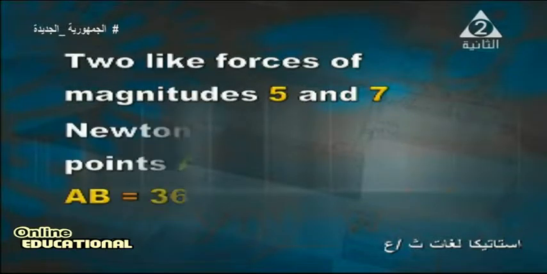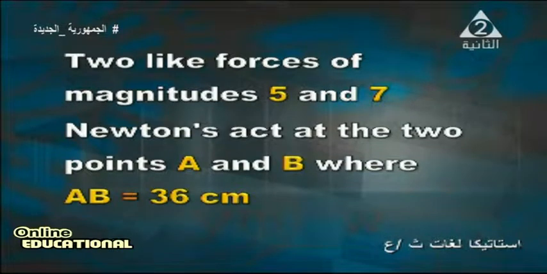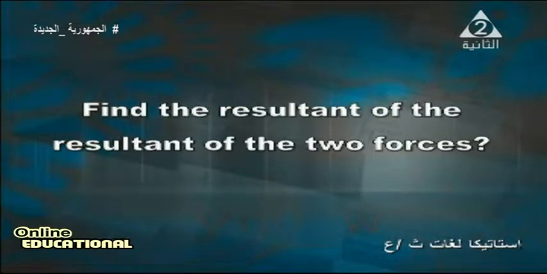Two like forces of magnitude 5 and 7 newtons act at two points A and B, where AB equals 36 centimeters. My dear student, we have two forces with magnitudes 5 and 7 newtons acting at the two points A and B. What is required?